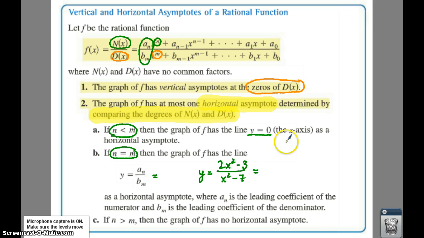So then you look at their coefficients up front. You have a 2 and a 1, so your asymptote would be 2 over 1, or just 2. Your third case is when n is greater than m, that is when you have no horizontal asymptote. And that means you're going to have a slant asymptote instead, which we'll get into eventually.